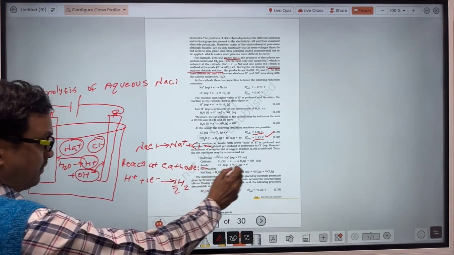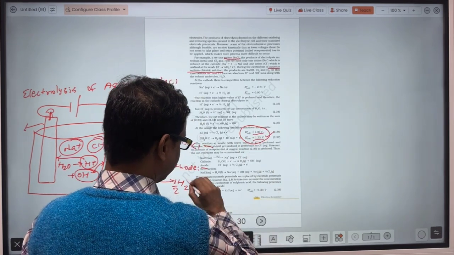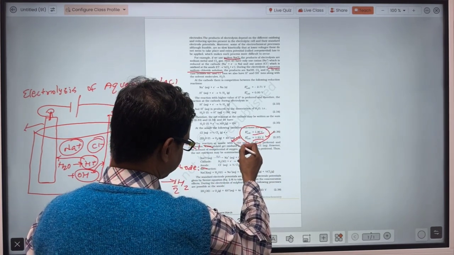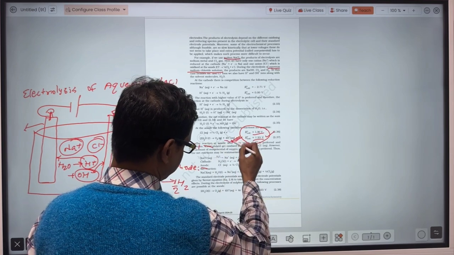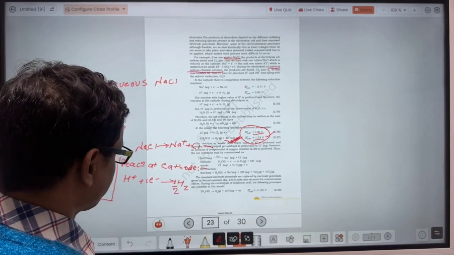Actually, if we consider the standard electrode potential, we will find that the standard electrode potential of water is less than that of Cl minus.